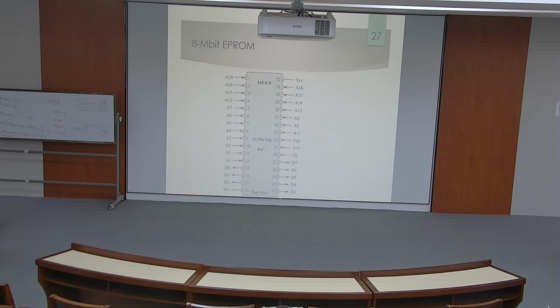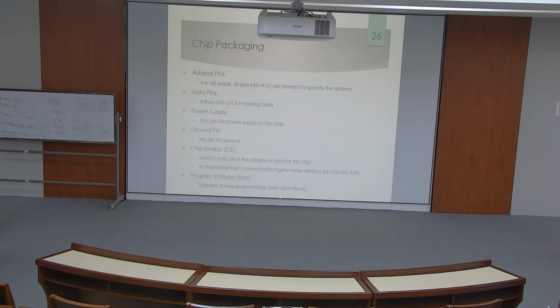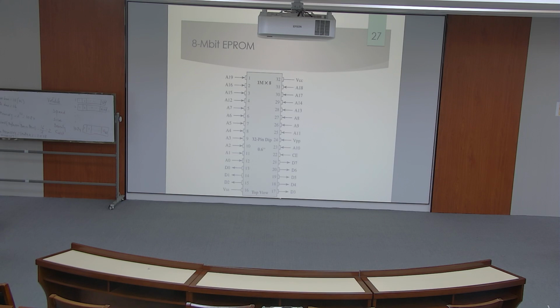Now we have an 8-megabit EEPROM. As we just talked about in the previous slide, you see it has a number of address pins and a number of data pins. Address pins are for specifying the address of the operation, and data pins are for reading the data. You have D0, D1, D2, and so on and so forth.